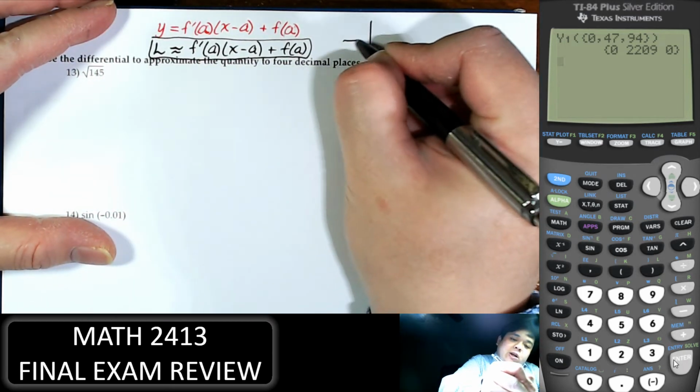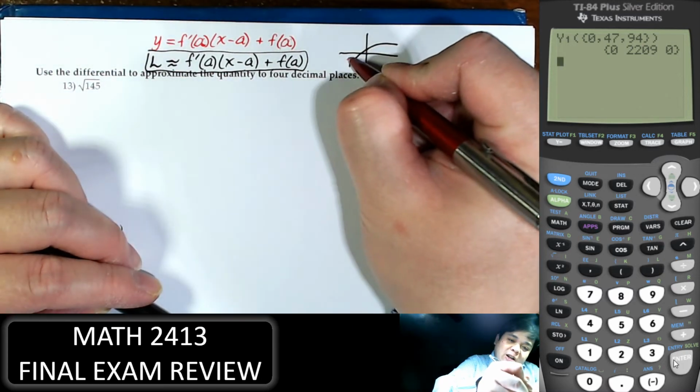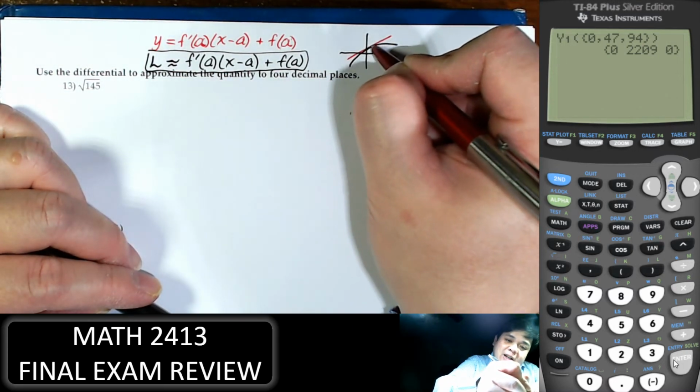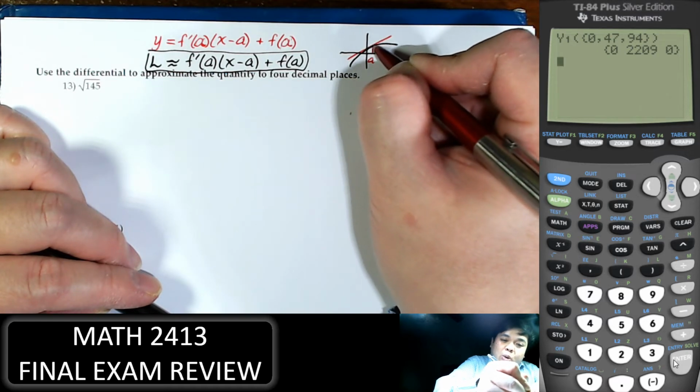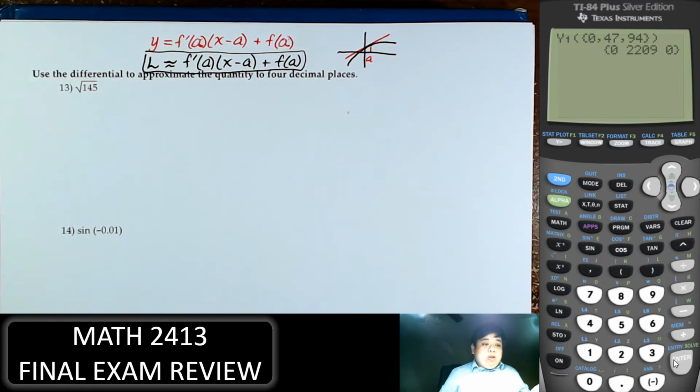Right, so we have a curve. If we have the tangent line, then when x is close to a, the values on the curve are close to the values on the line.